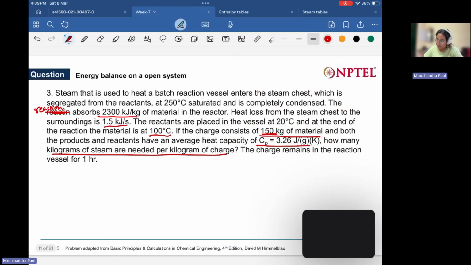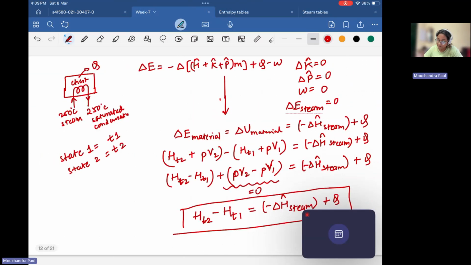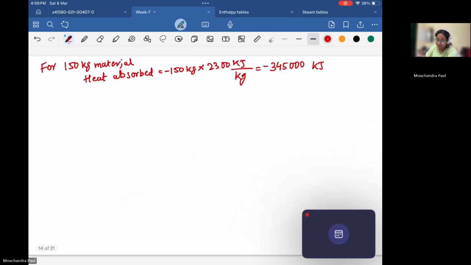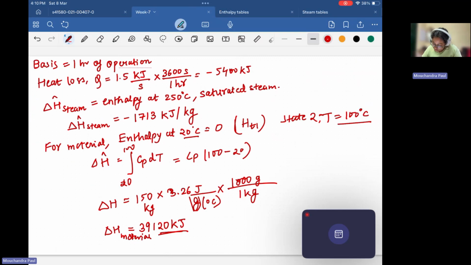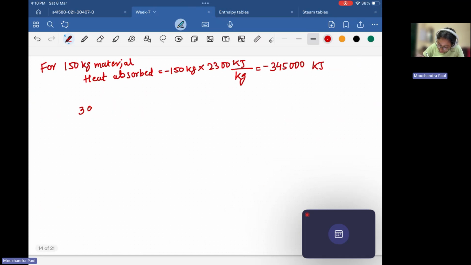So we have calculated some parameters till now. We know delta H steam, okay. Then we know the net change in enthalpy on this side. Q is also known, all right. So let's put these values in this expression. So delta H material is 39,120 kilojoule.